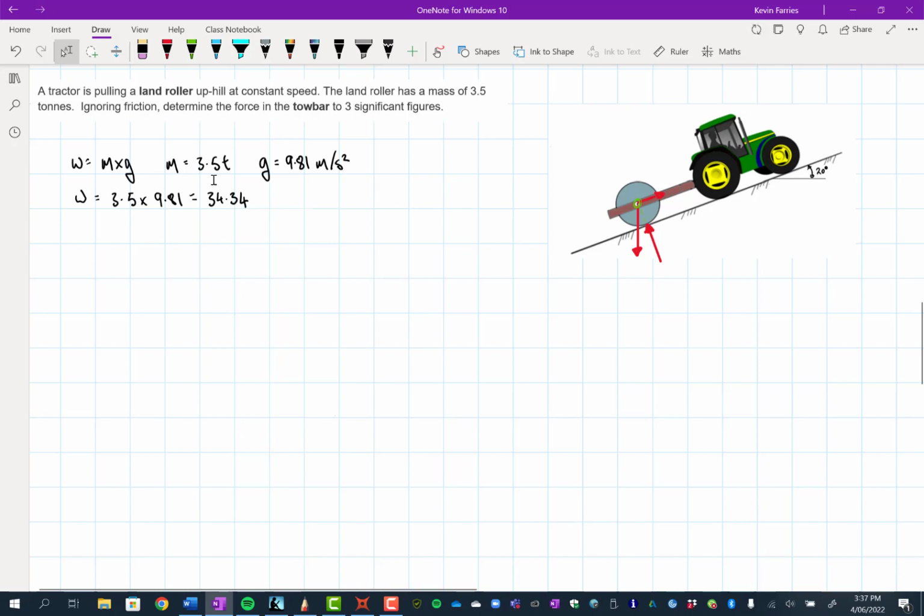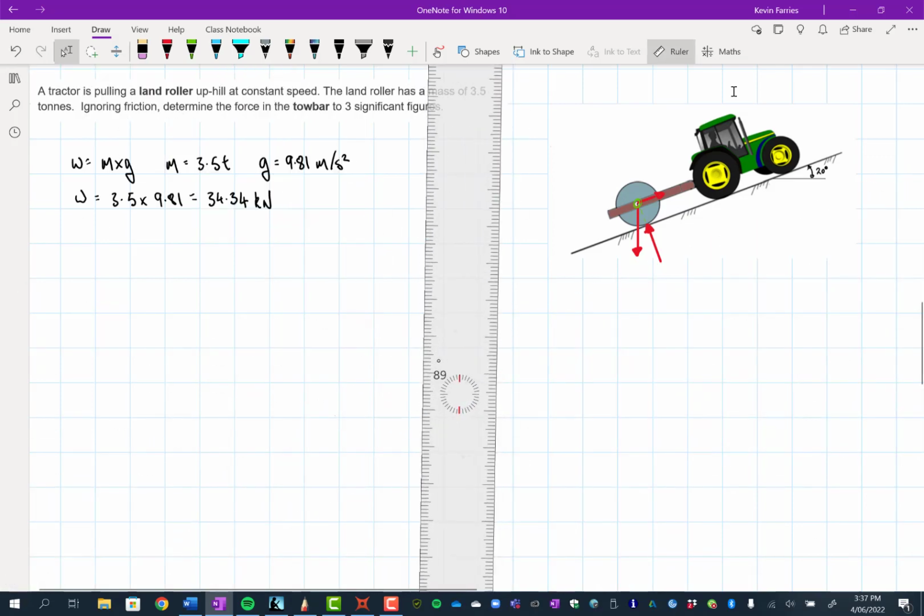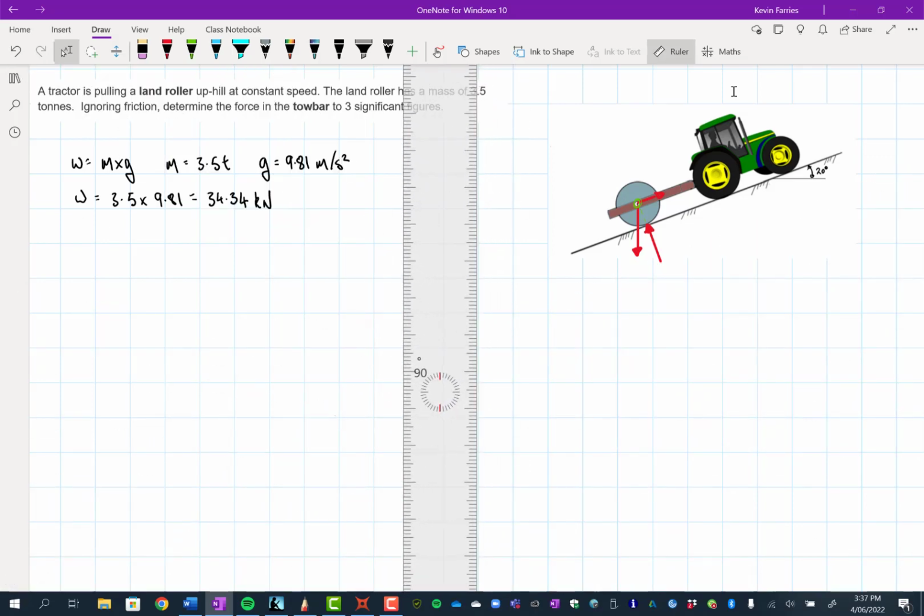So we've put in tons here. So therefore this must be in kilonewtons. If we put in kilograms, it would have been in newtons. So we can now draw this first vector, and we know its magnitude, so we know what length to draw it. So let's do that. We want to make it reasonably big, just so I can get something reasonably accurate out of it. And so we've been asked to calculate this to 3 significant figures.